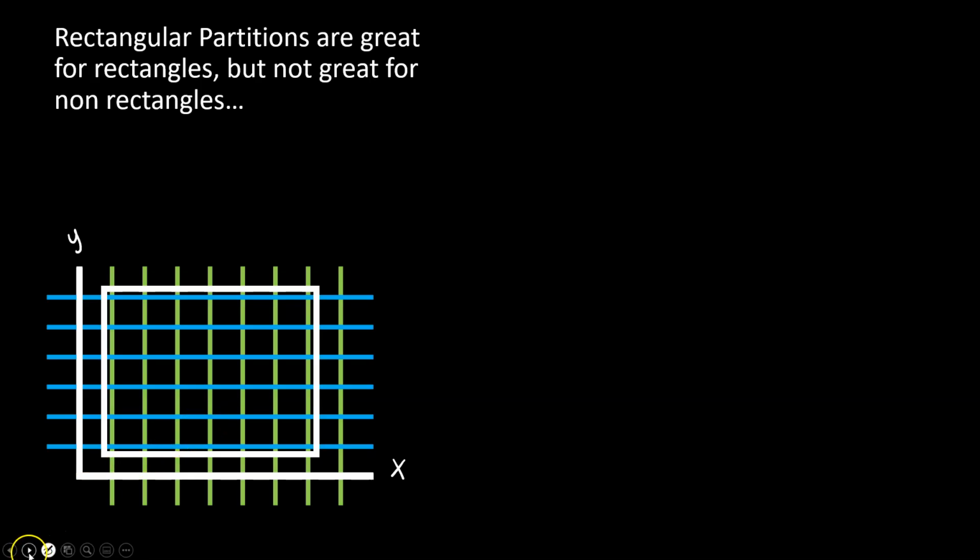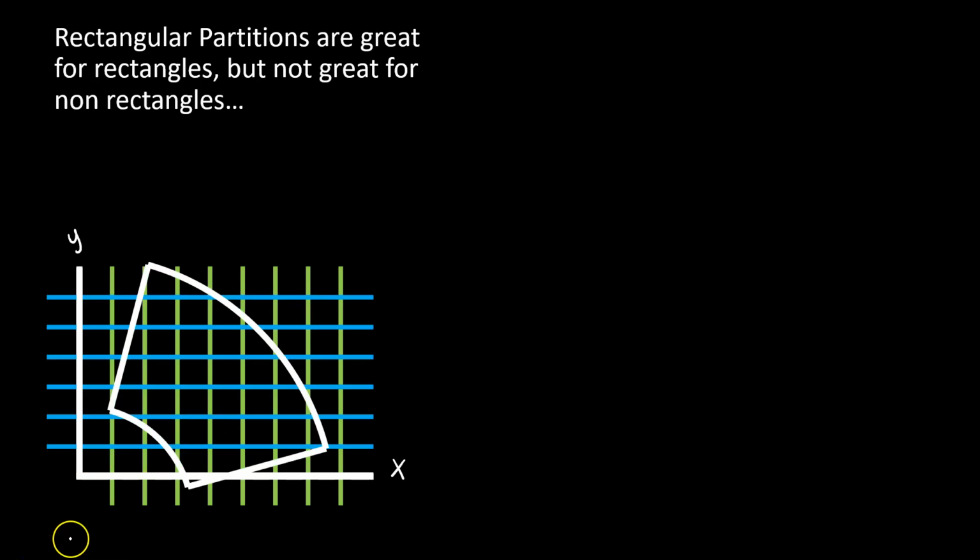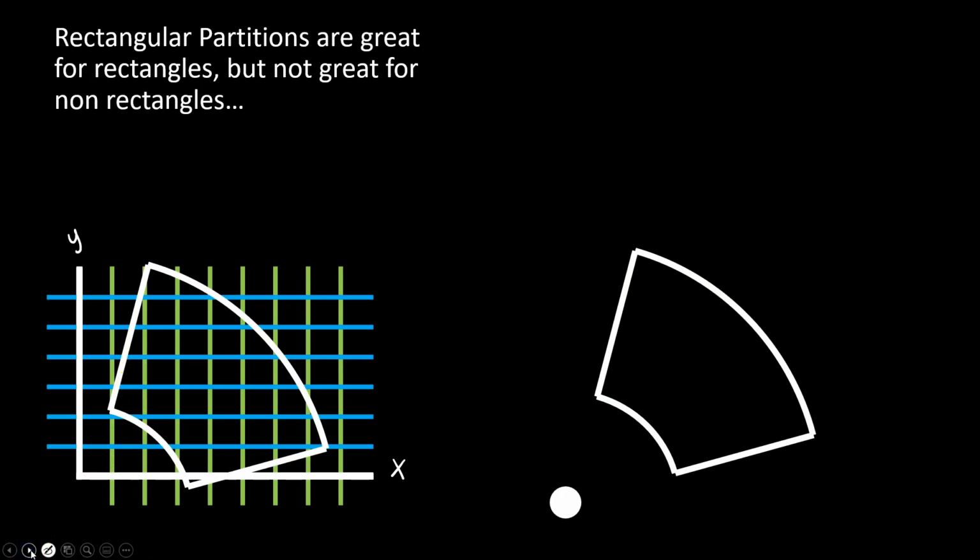But if we wanted to replace that region with something that wasn't shaped so rectangular, we might have a problem. Notice that some of these grid spaces aren't complete rectangles, so we wouldn't really be doing a great job at partitioning our region if we tried to keep things rectangular. So instead, let's try and describe that region using polar coordinates.